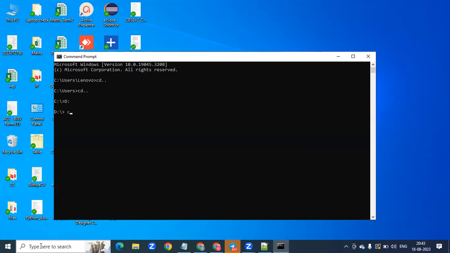We completely work with the commands. Date is the current date, and if we want to change the date, we can. This is the MS-DOS command prompt, Microsoft Windows 10.